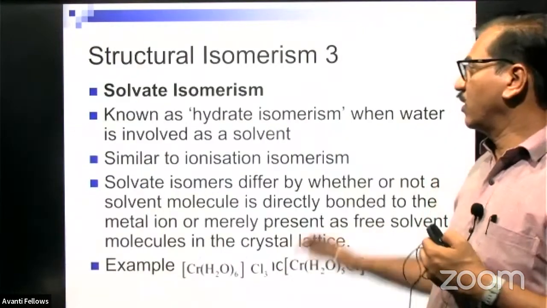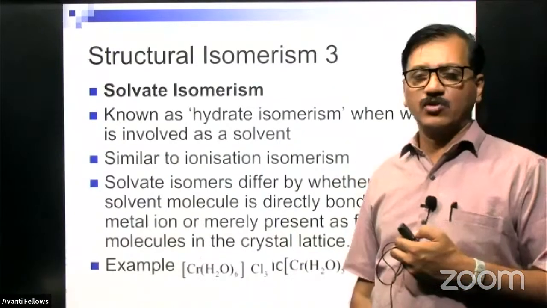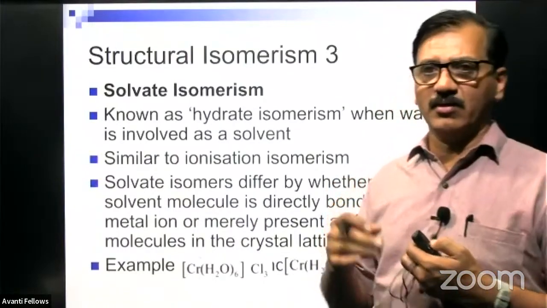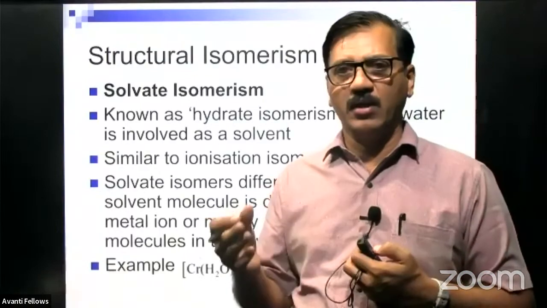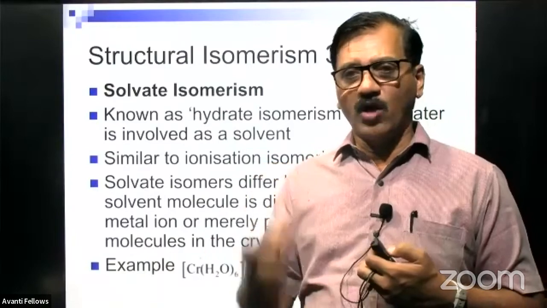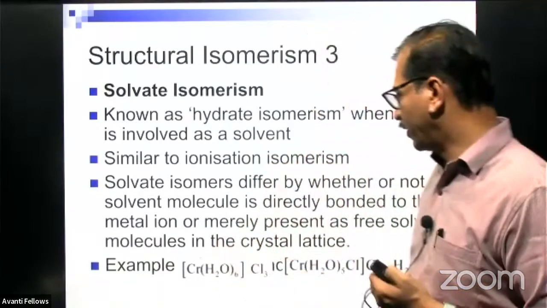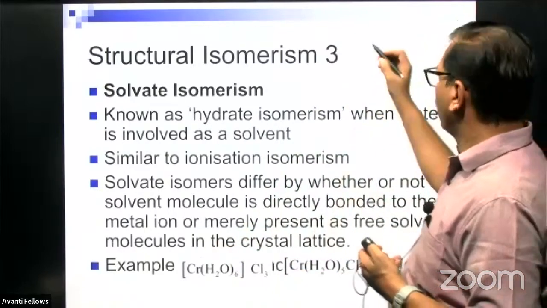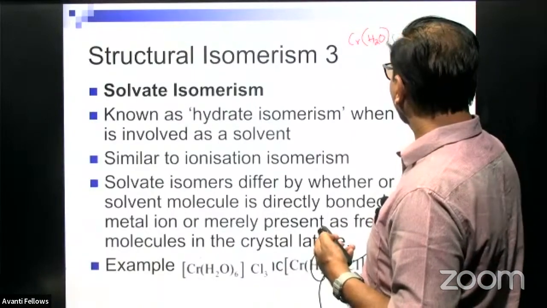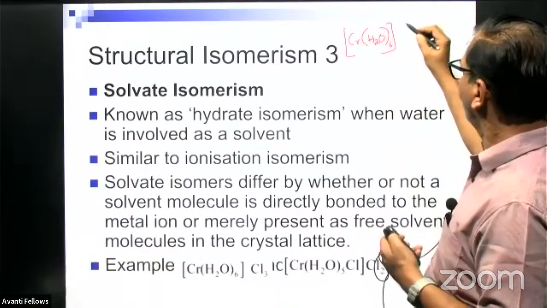Now, thirdly, solvate isomers. Solvate isomerism is due to the ligands. The solvent can act as a ligand. Water can act as a ligand also. Therefore, it arises due to that fact. Now, Cr(H2O)6 3+, or Cl3.